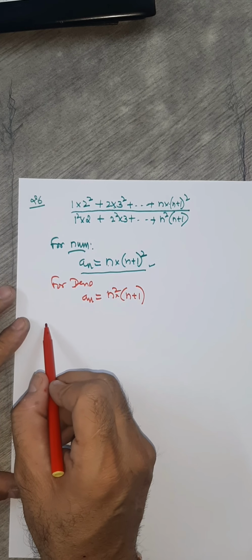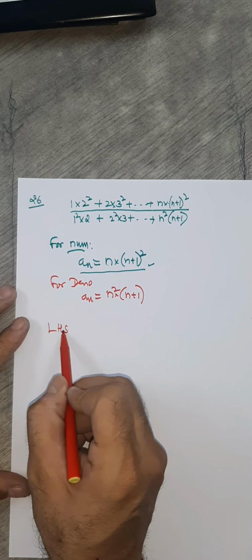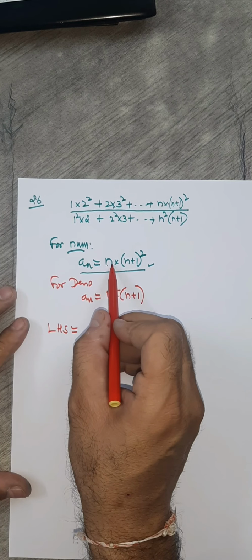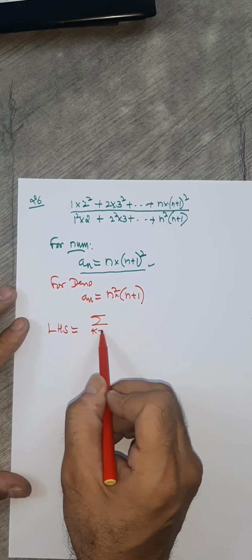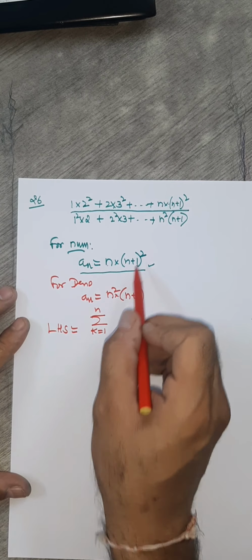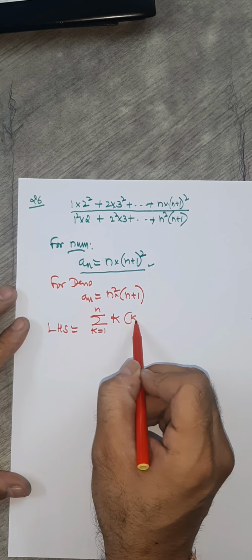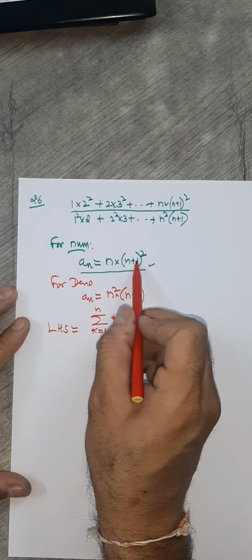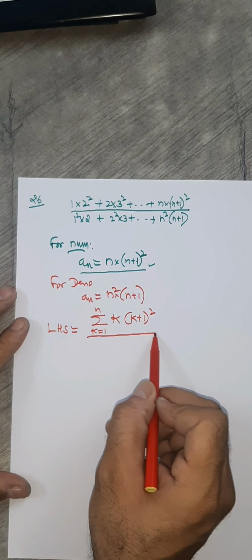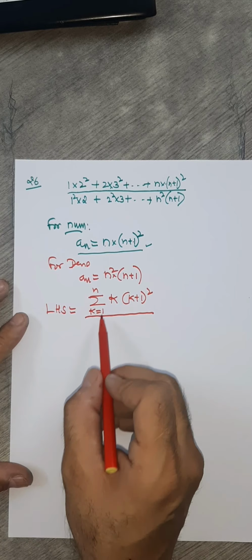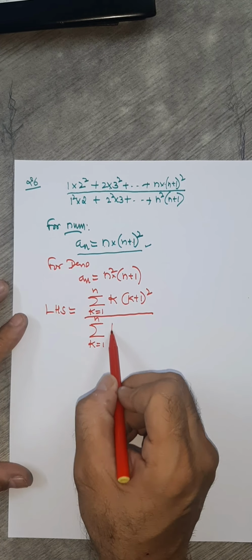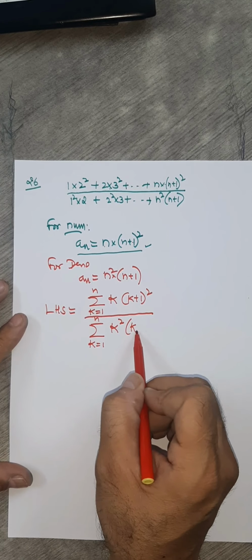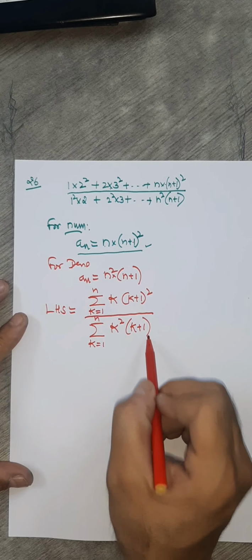Now for the LHS, you need to apply sigma to this because you need the summation. So sigma k runs from 1 to n, k into (k plus 1) whole square. Instead of n I wrote k. What about this? Sigma k runs from 1 to n, k square into (k plus 1).